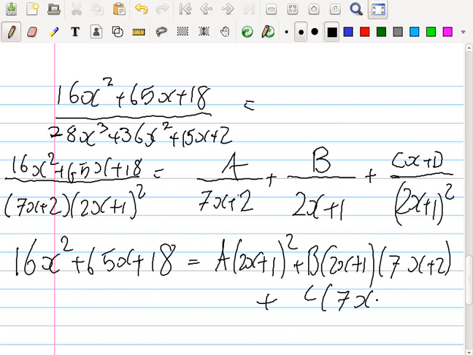Isn't A(2x plus 1) cubed? No, because when I'm multiplying each of these three by this here, so when this one multiplies the top here, the 7x plus 2 cancels the 7x plus 2, leaving just this one here.